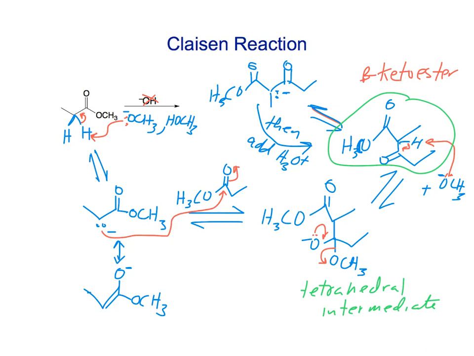So this is the Claisen. When we do a Claisen, we go from esters to a beta keto ester. Remember, the aldol gave us a beta hydroxy aldehyde or ketone.